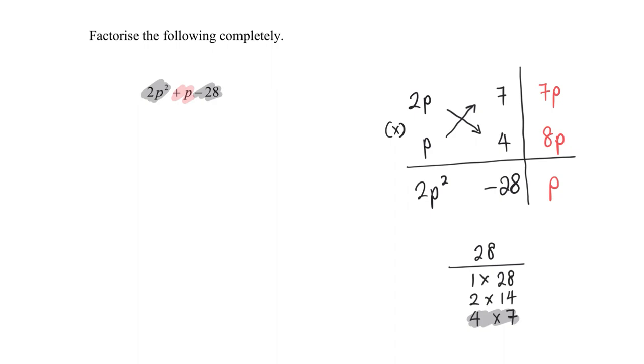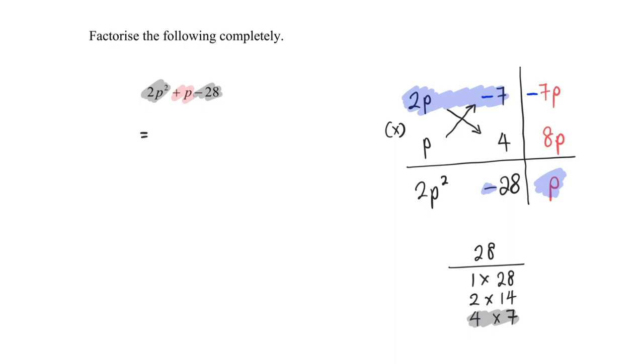And now I saw this negative sign, meaning that one of them must be the negative. It will be 7, because 8 minus 7 will then give me my positive 1p. And so we are able then to factorize the whole thing now with the following.